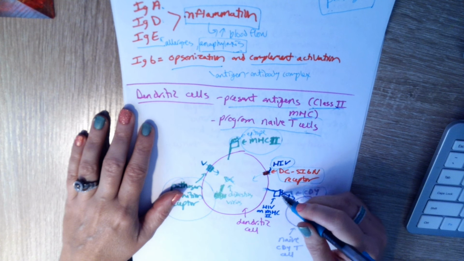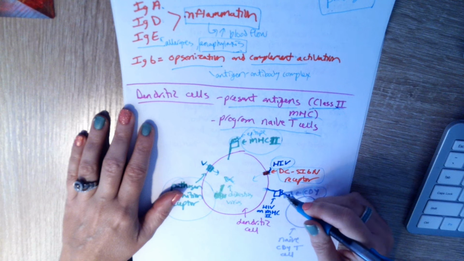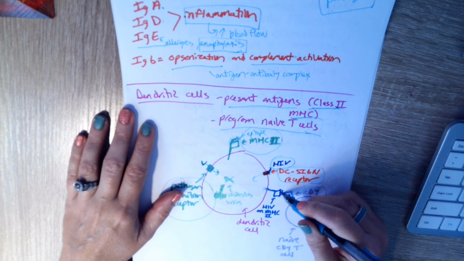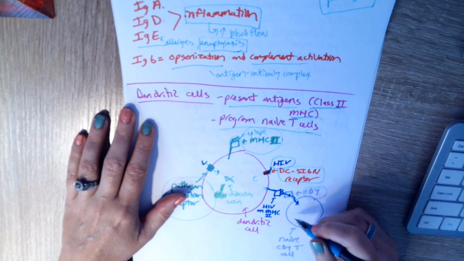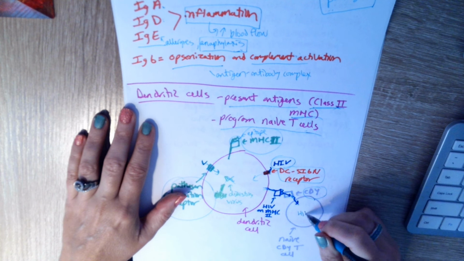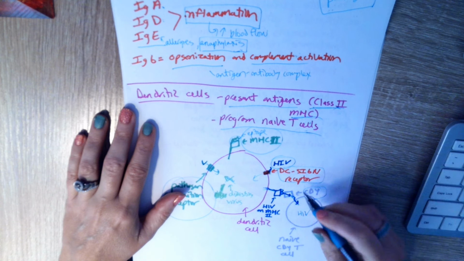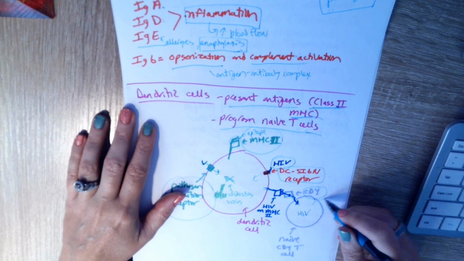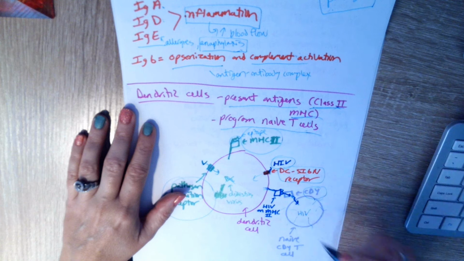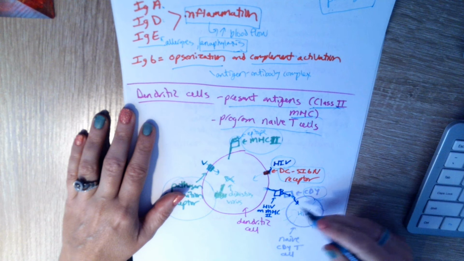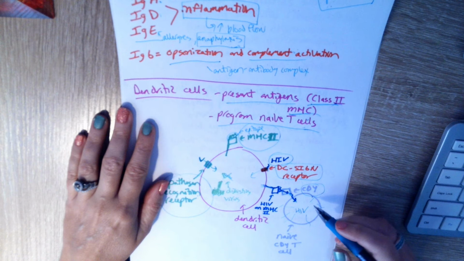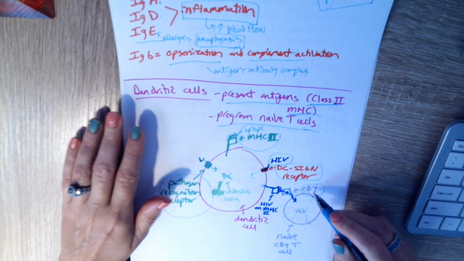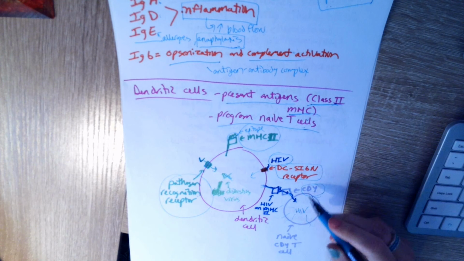HIV essentially uses the CD4 marker as a docking mechanism, and it wiggles its way into this poor naive CD4 T cell, and then there's HIV inside of this naive T cell, using the machinery of the cell to make more HIV. So essentially what HIV has done is cut out a very key component of your immune system, which is the CD4 T cells and the helper Ts.